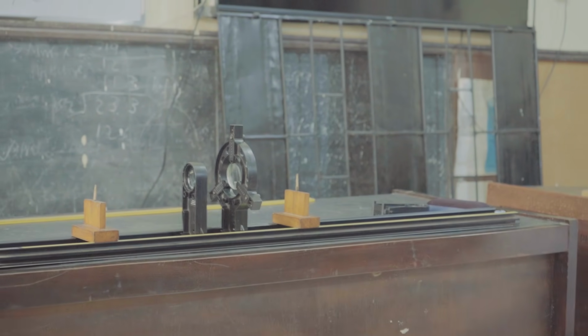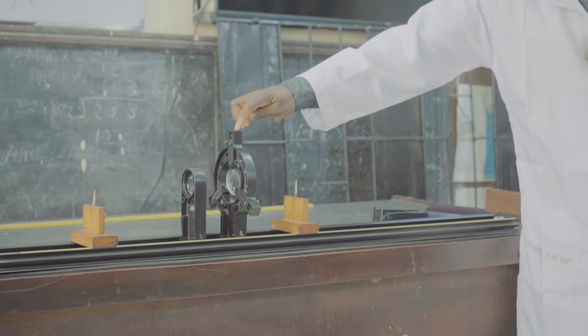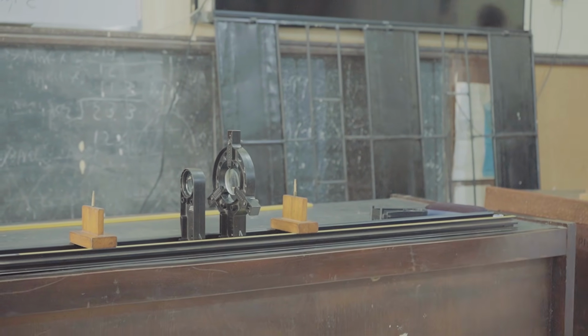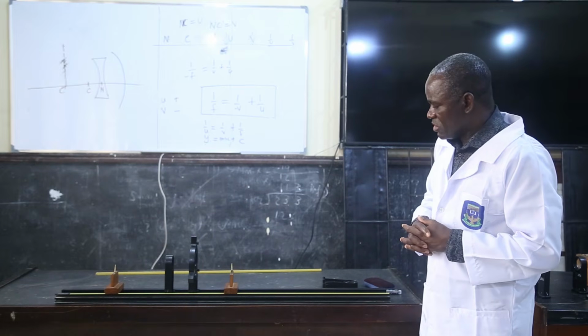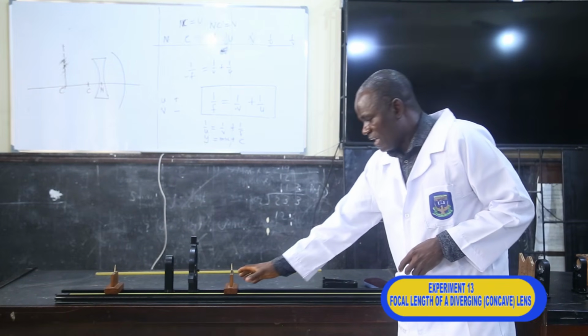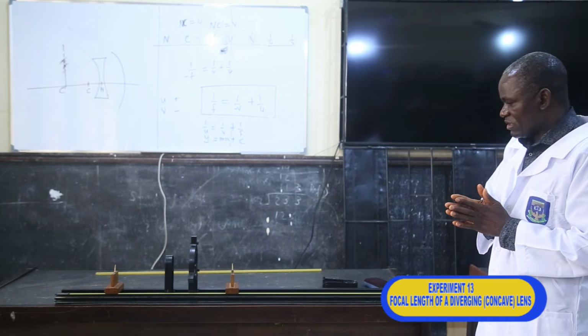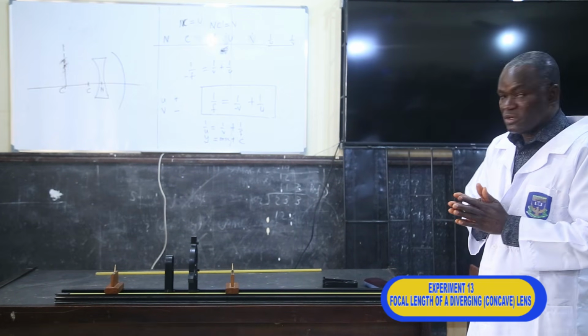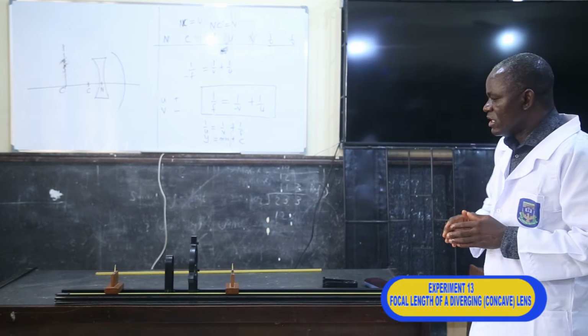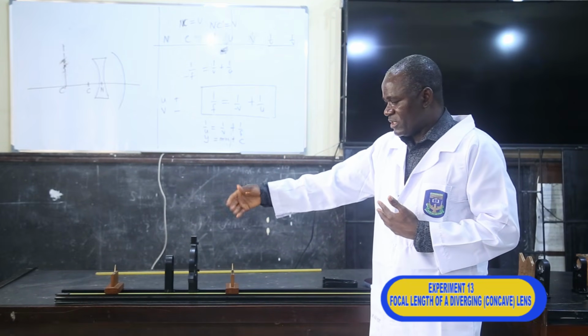So I have 3 points now. The position of the concave lens is N. Don't forget the first position that we determined is C, and this is C prime. And what I need to do, just like we did for the first experiment with the method of concave mirror, is to change the position of N to 5-6 different points.